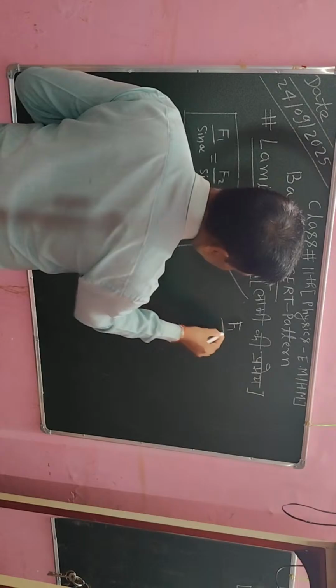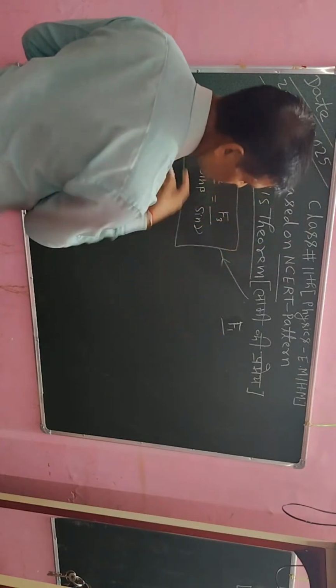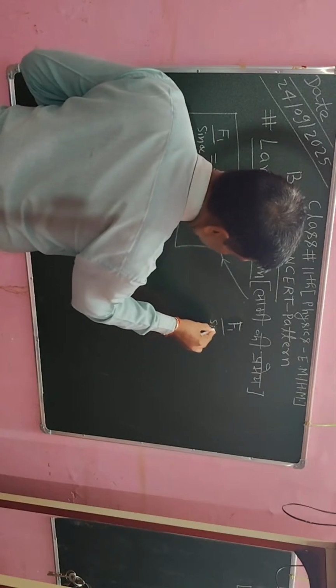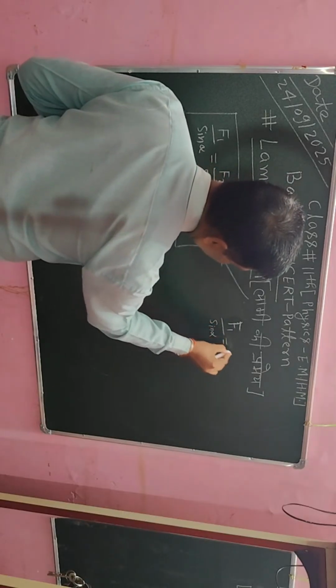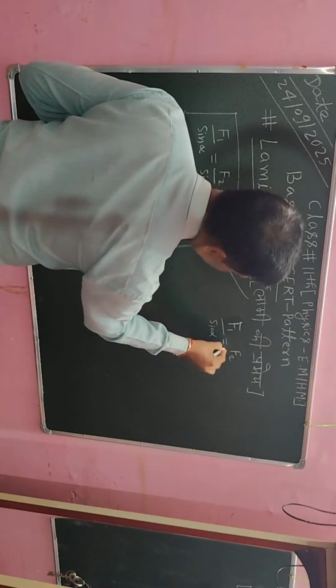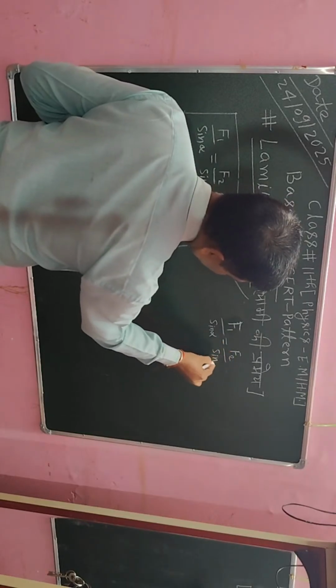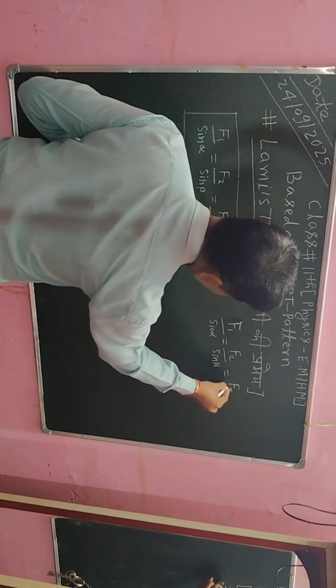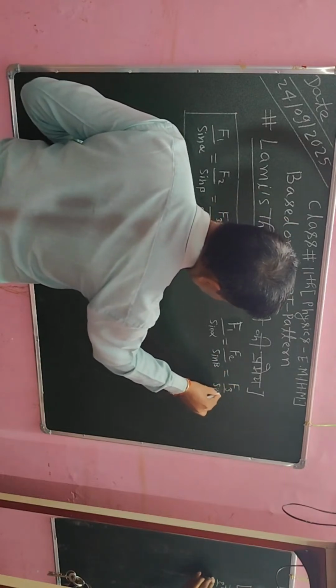So here this theorem I am going to write: F1 divided by sin alpha is equal to F2 divided by sin beta, which is equal to F3 divided by sin gamma.